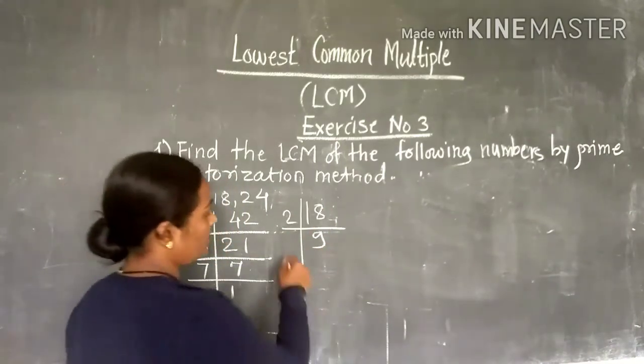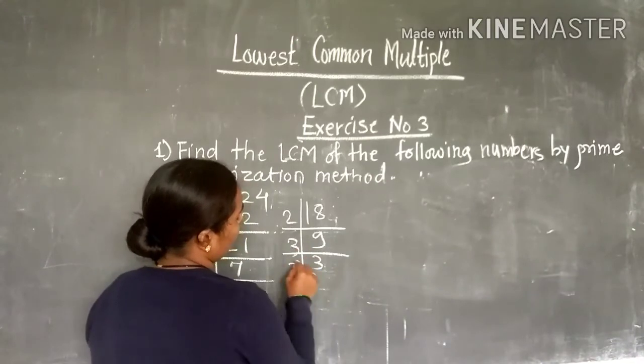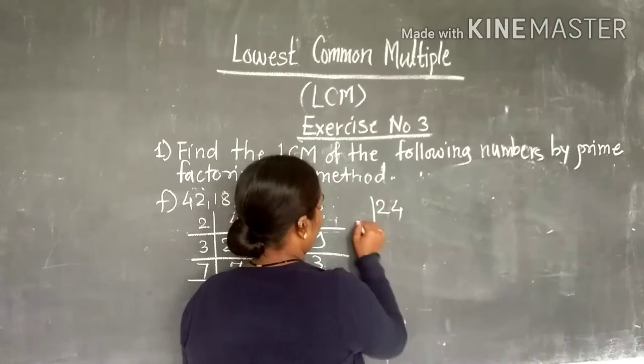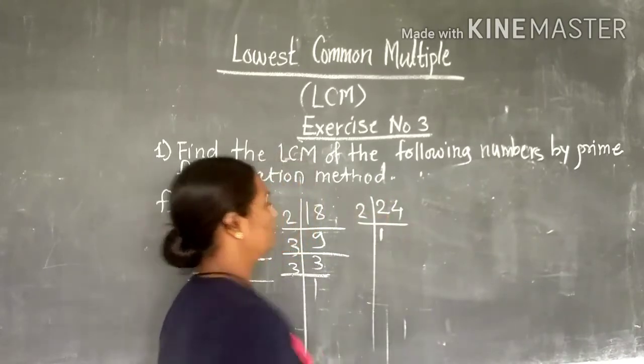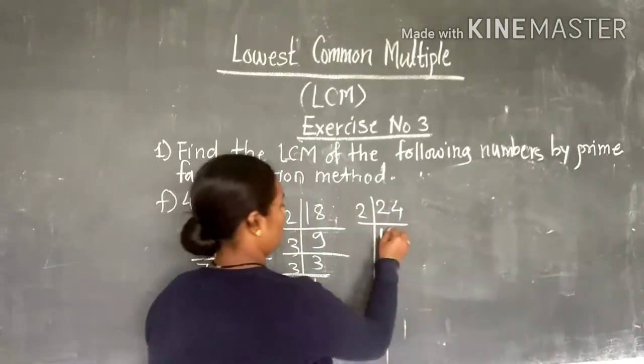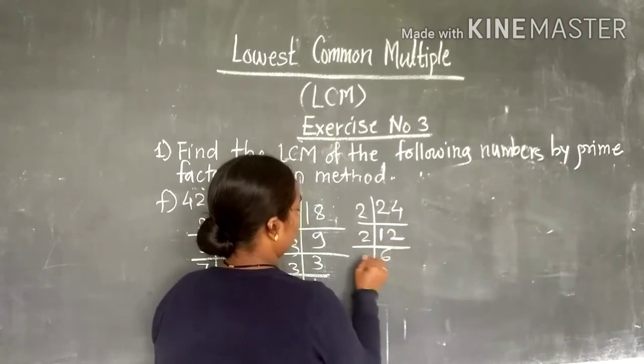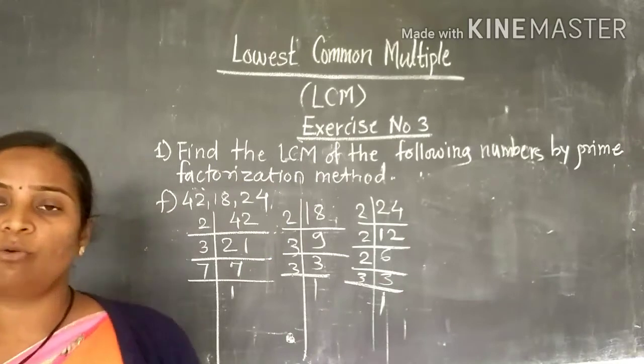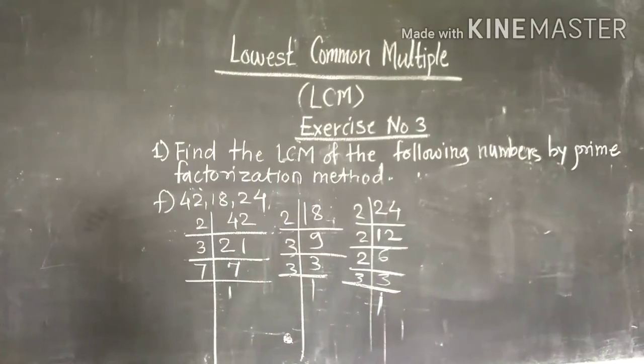Then 3 3s are 9, 3 1s are 3. Next 24. 2 1s are 2 and 2 2s are 4, 2 6s are 12, 2 3s are 6, 3 3s are 1. In this way we have got the prime factors of each number.